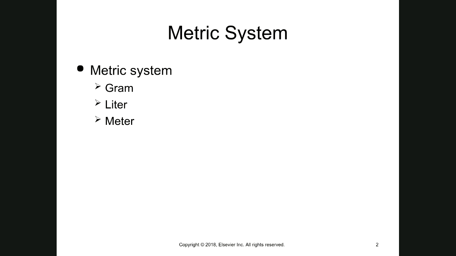the liter for volume, and the meter for length. Because of the lack of standardization of spoons and cups and glasses with household measurement, we're moving towards the metric system overall to give consistency, even for home use, and reduce the risk of fatalities, overdose, or not getting the adequate amount of medication that they need.